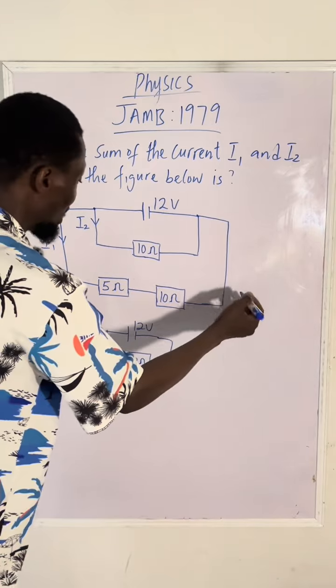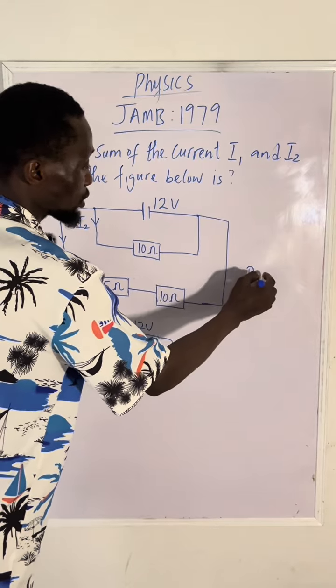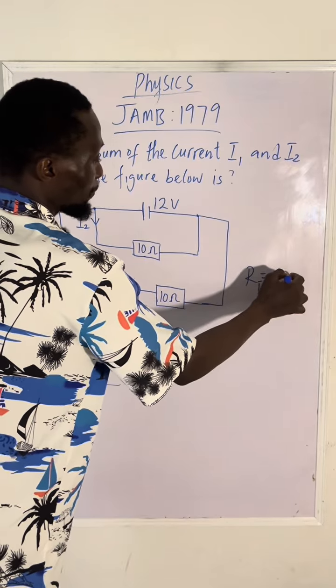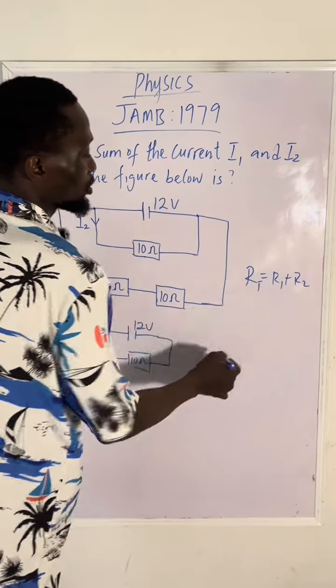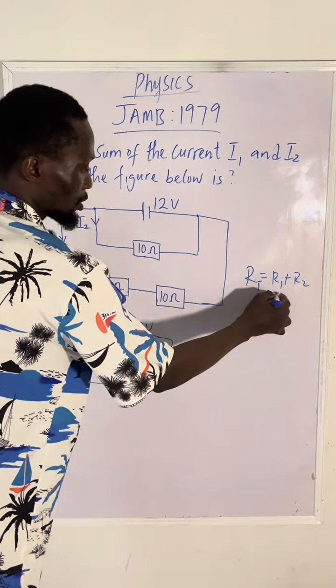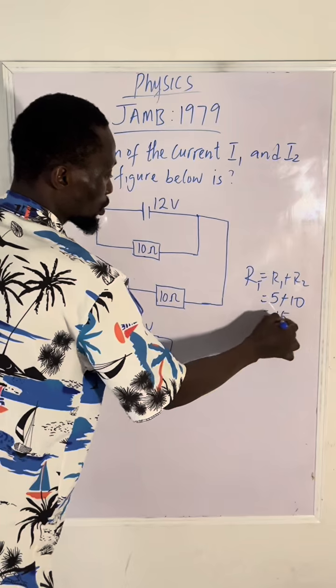So I will say R total equals R1 plus R2. This is 5 plus 10, and that is going to give me 15 ohms.